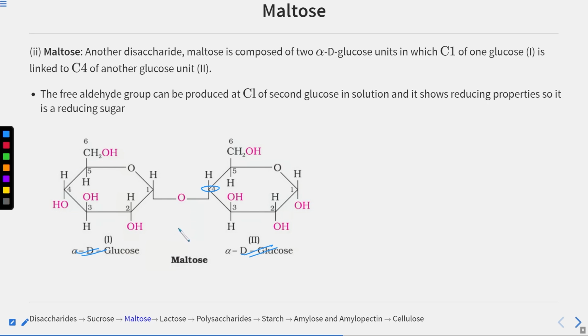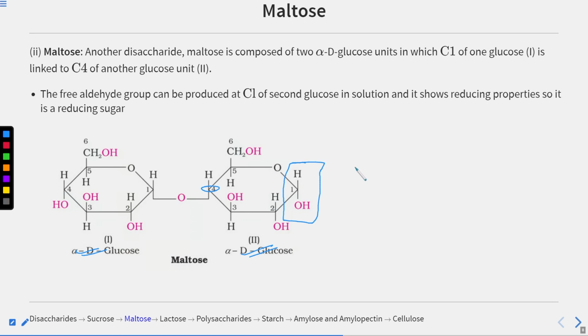So three things are to be mentioned here. First, maltose is made up of 2 moles of alpha D glucose, means both the monosaccharide units are the same. Second, there is a C1C4 glycosidic linkage, that is alpha in nature. And third, they are reducing sugars because we have a free hydroxyl group at the C1 position.